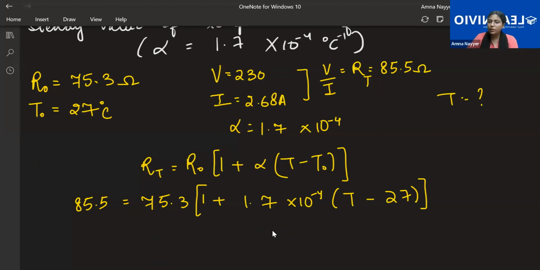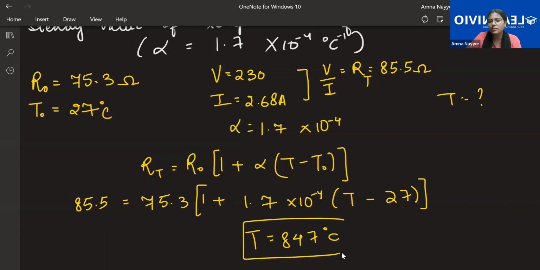You have to calculate the value of T. You first divide them, then you subtract 1 from it, and you multiply these two, then add the value of T_0 when you shift. So this way you will get the value. It will be a big value, around 847 degrees Celsius. Just confirm also, this is what I remember, but just cross check if any digit is wrong. This is how you have a question based on resistance.